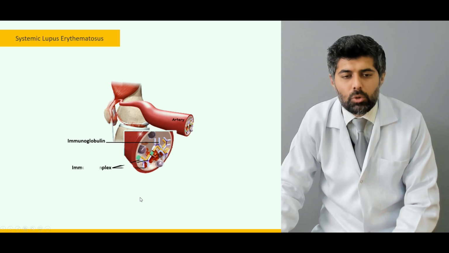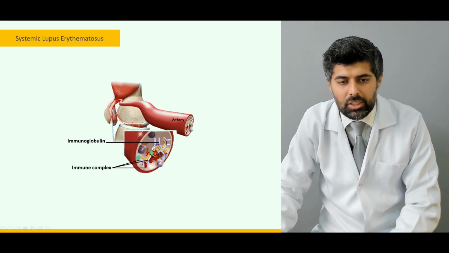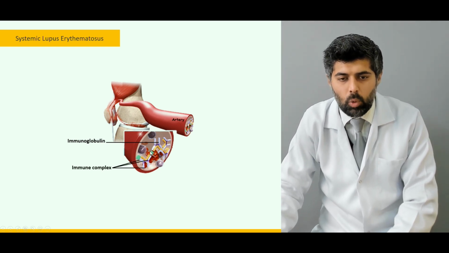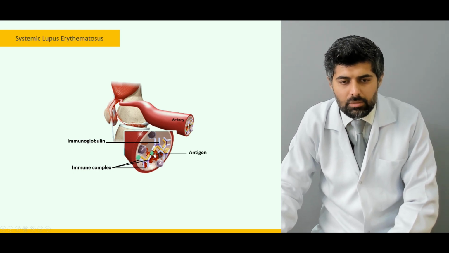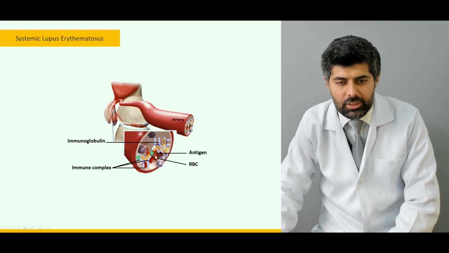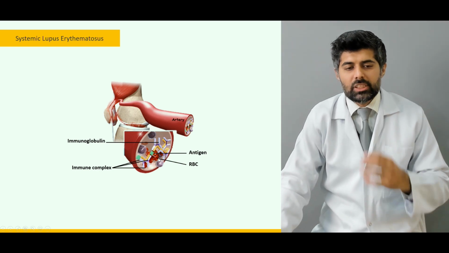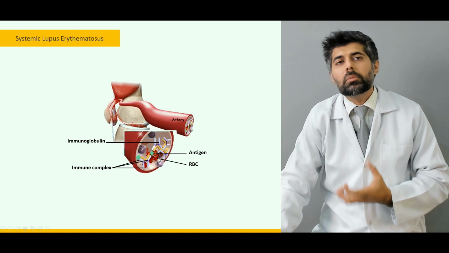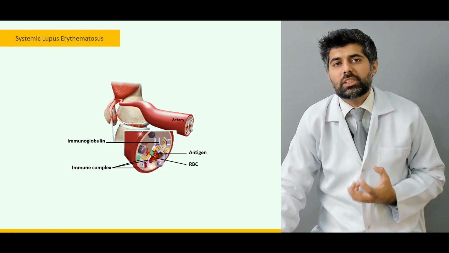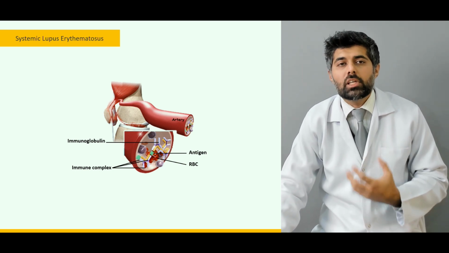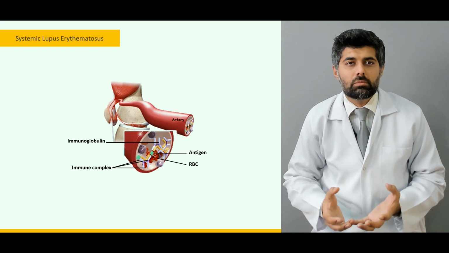Now, this immune complex comprises of the Y-shaped immunoglobulin, and the antigen, and the RBC. Now, because this immune complex is permanently attached to RBC, the functioning of the RBC is disrupted.